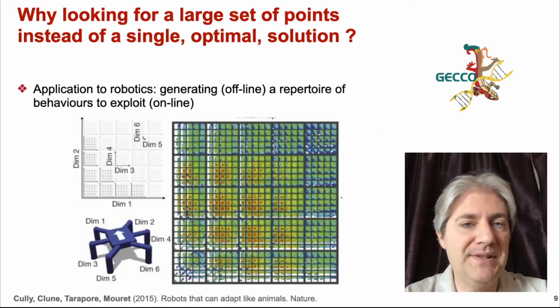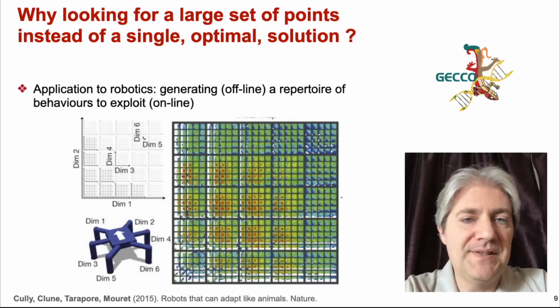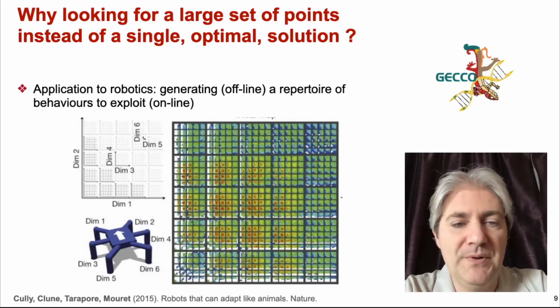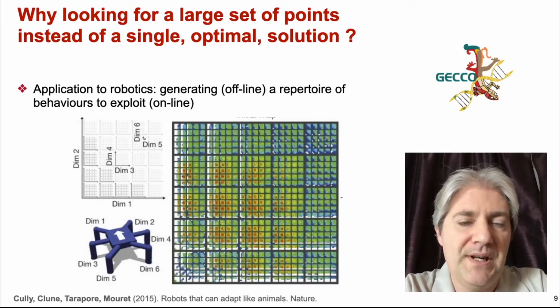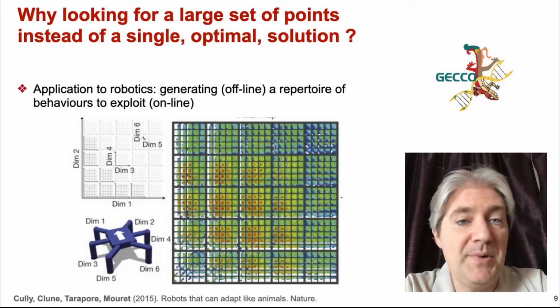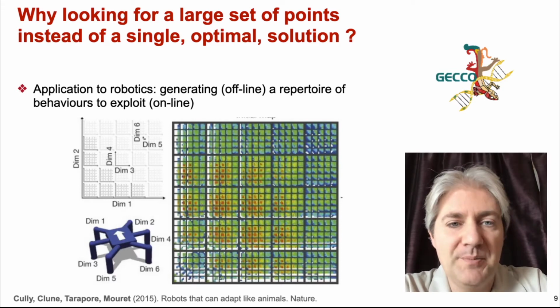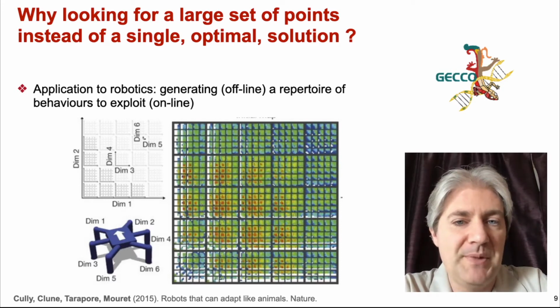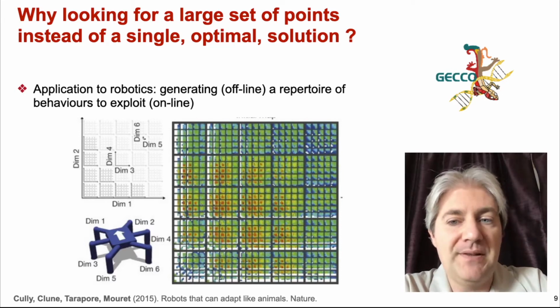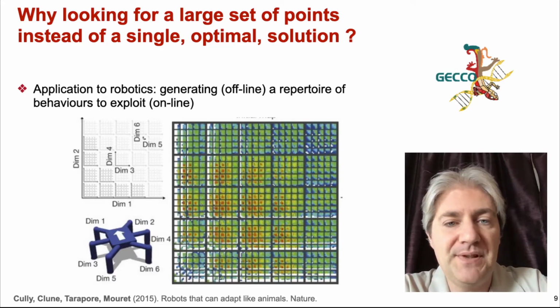But there are other advantages, other possible uses. For instance, in robotics, and there is more and more work about this, it may be very useful to use these approaches to generate a repertoire of behaviors. The idea is to generate not a single behavior that could be optimal with respect to a fitness, but a repertoire of different behaviors, and then to select the most fit behavior in a particular situation.